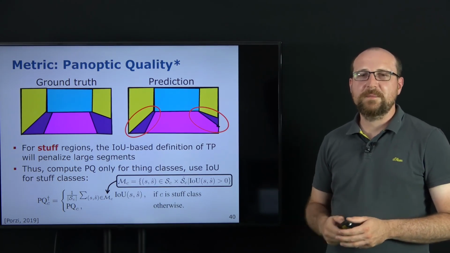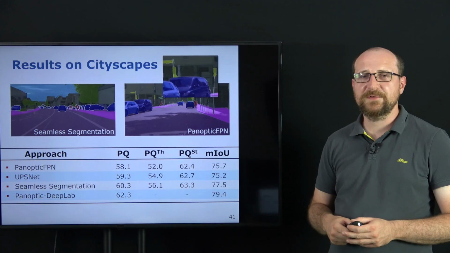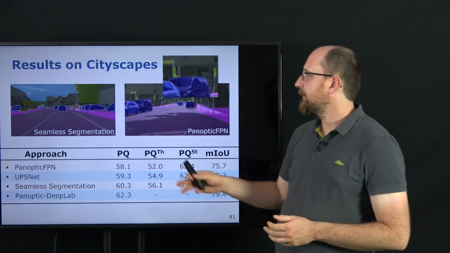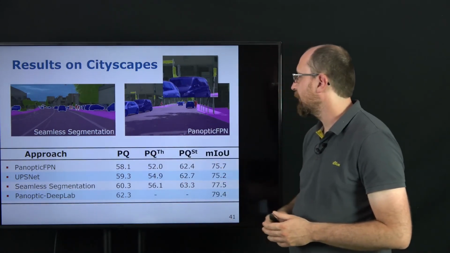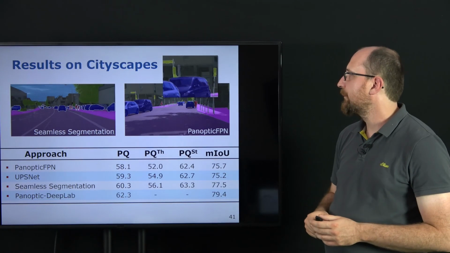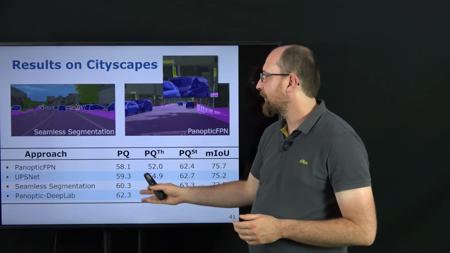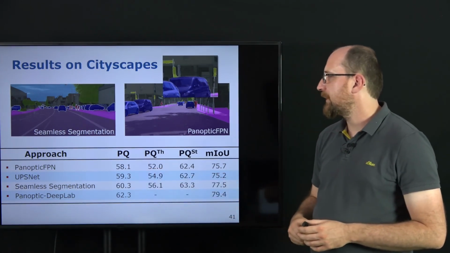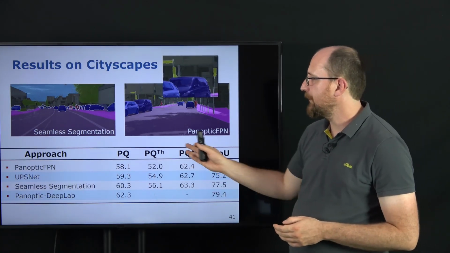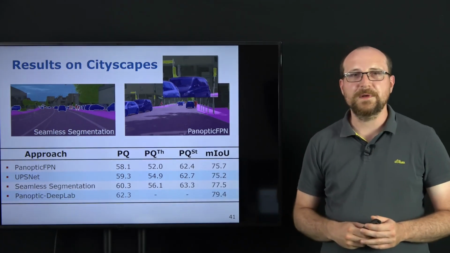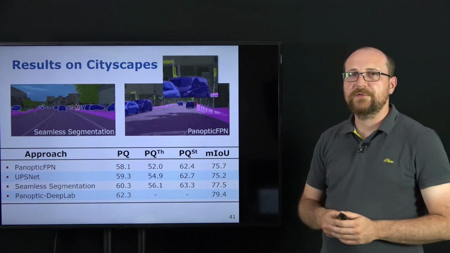When we are now talking about results, here are some results from the so-called Cityscapes dataset. Here is the panoptic segmentation of the seamless segmentation, in comparison to the panoptic feature pyramid networks. And here you can see the development over time, so to say. With the panoptic feature pyramid networks, we are reaching something like 58% panoptic quality, and what you usually see in the papers is also a distinction between the panoptic quality for the thing classes versus the panoptic quality of the stuff classes.